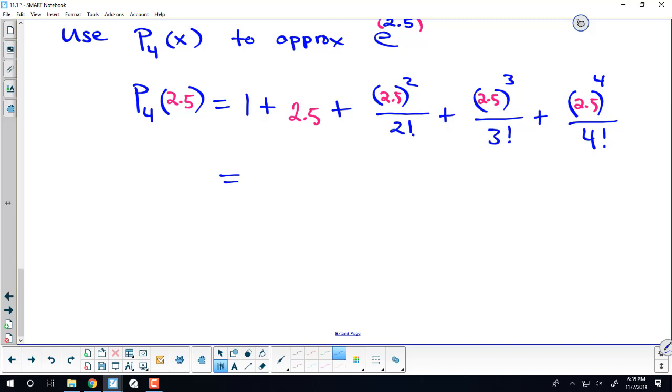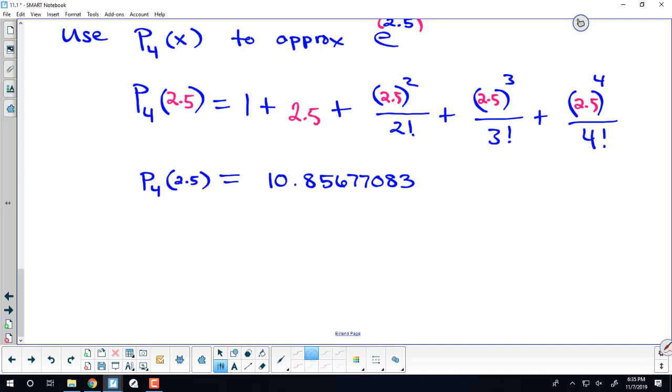And this value, do this, comes out to be 10.8567 7083 for p sub 4, the approximation.